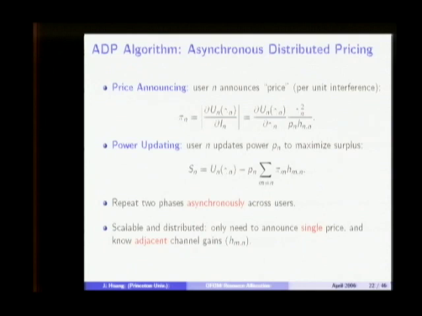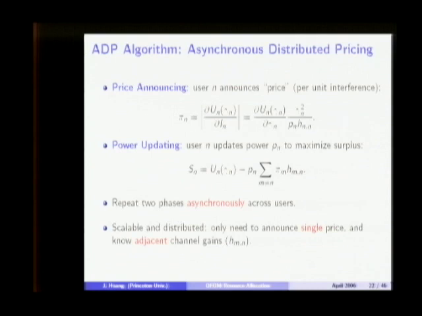So this is the price announced by user m. This weight is the channel gain from user n's transmitter to user m's receiver. So this essentially says how much this user is interfering with other users. Right? So choose a power to balance the utility you get and the interference generated into the network. So this is the key idea.